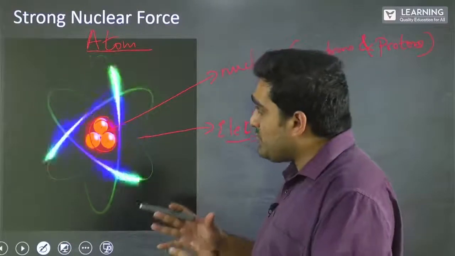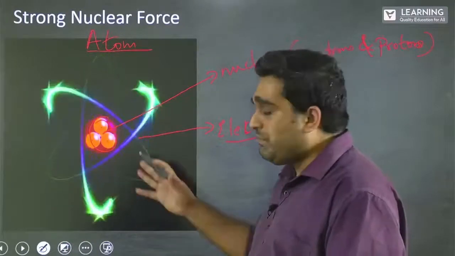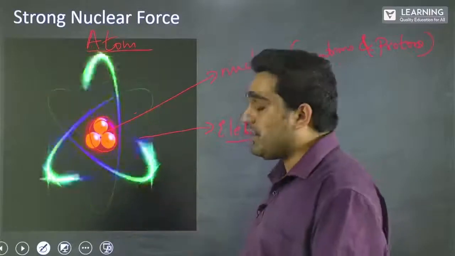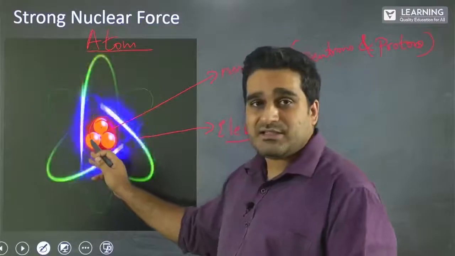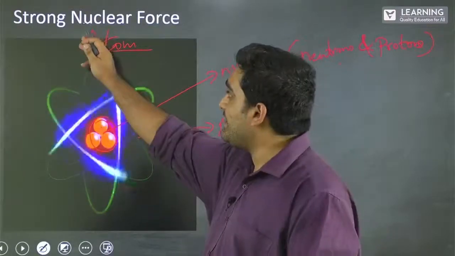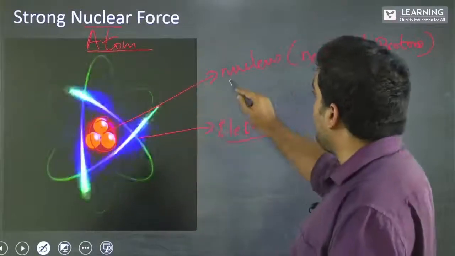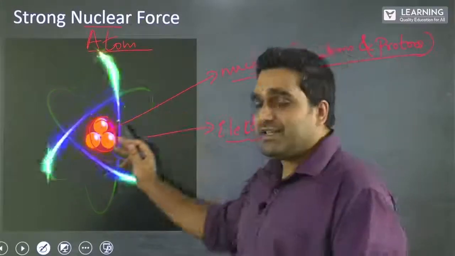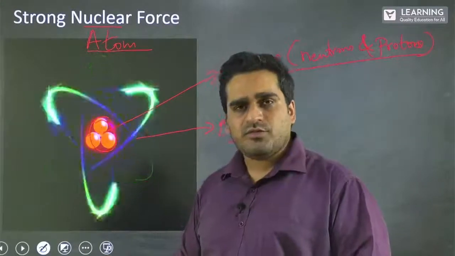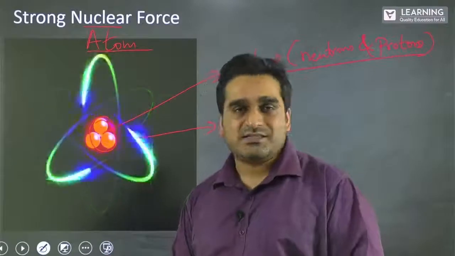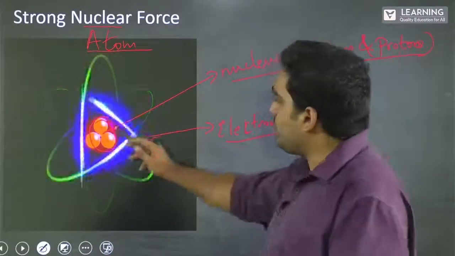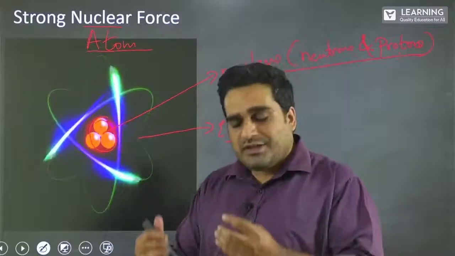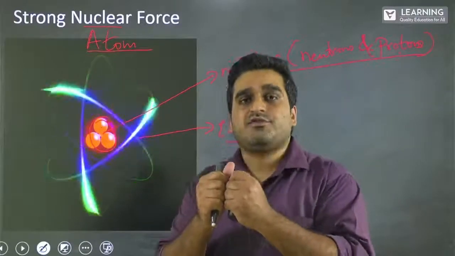Now, where does the strong nuclear force come into the picture? Where is it located? Strong nuclear forces are forces that exist between nucleons, so forces that exist inside the nucleus. So what are these forces? Where exactly inside the nucleus? Neutrons and protons are present within the nucleus, so they're held together with some force.